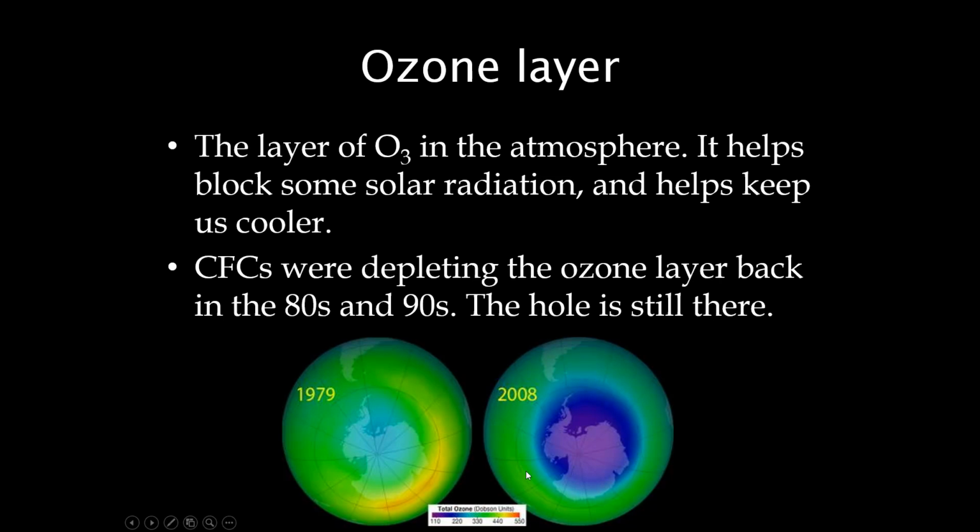And then it would take those out of commission. So it created this hole in the ozone layer over Antarctica. We banned CFCs. They haven't been used since the 80s. And the ozone layer has been recovering, but it's important that you know there is still a hole there. So it is still in the process of recovering from the damage that we did to it decades ago at this point.